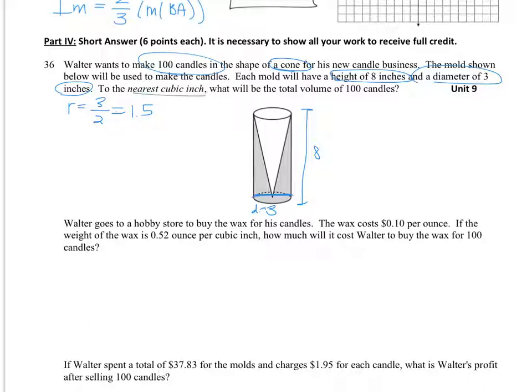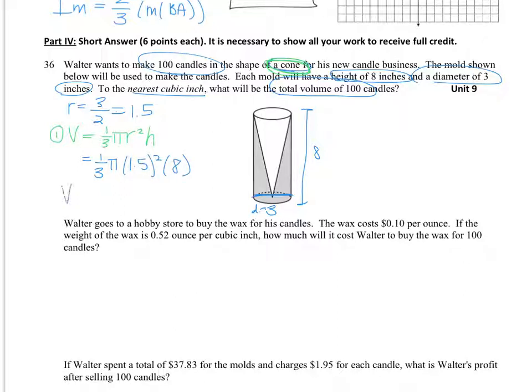So the nearest cubic inch, what will be the total volume of 100 candles? So my assumption is that we probably need to find the volume of 1 candle first. And if you think about the formula for a cone, it is on the reference sheet, represented by 1/3 pi r squared h. So all we need to do is plug in 1/3 pi times 1.5 squared times the height of 8.